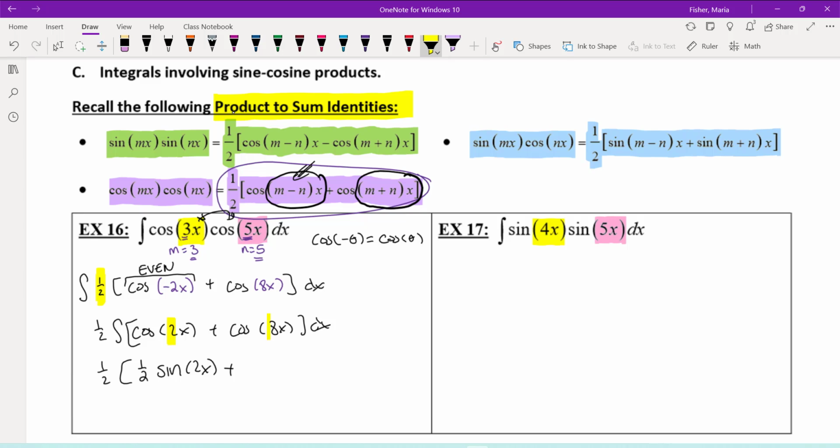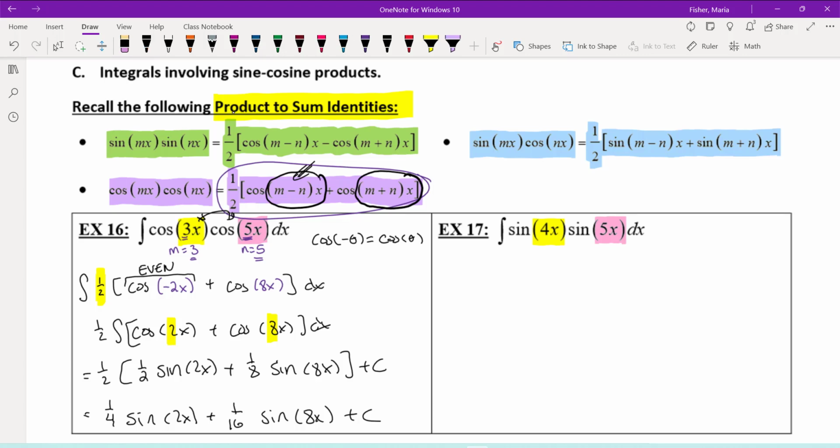Same thing here, linear multiplied by the reciprocal, 1/8 sine of 8x plus c. Last and final step is to distribute that 1/2 in the front, and we're looking at 1/4 sine of 2x plus 1/16 sine of 8x plus c.